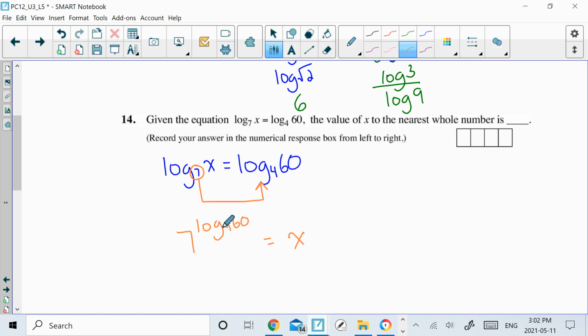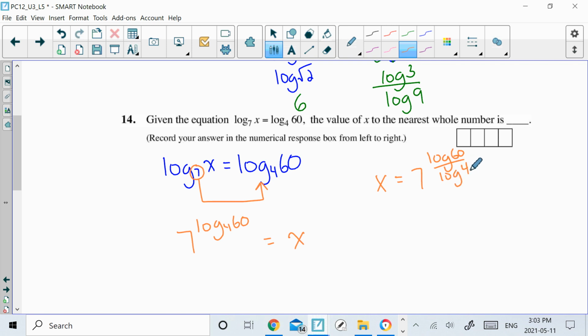If you're able to evaluate this, you've evaluated what x is. So I'm just going to write this as change of base. So x is equal to 7 to the power of, so this would be the log of 60 over the log of 4.